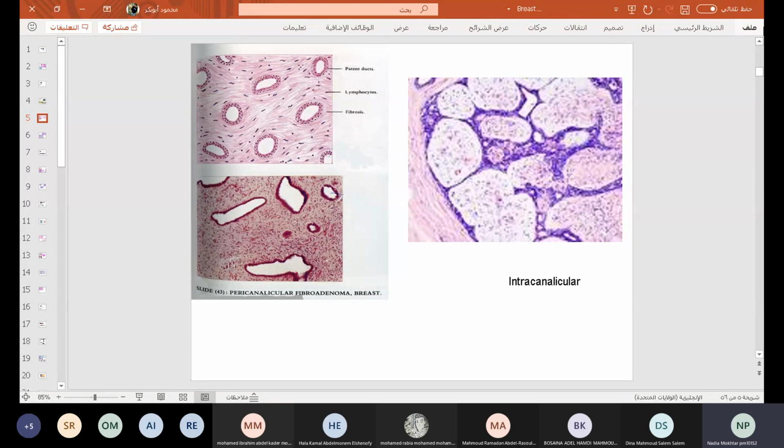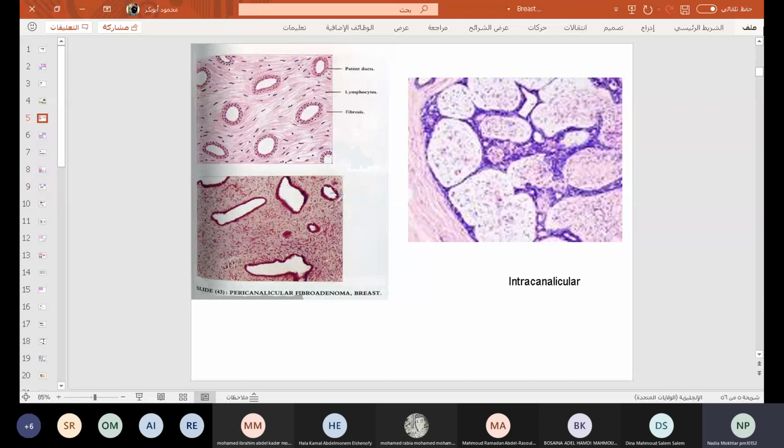ليه اسمها كده؟ Because there is overproduction of the stromal tissue أو fibrous tissue, so that it compresses the ducts and appears as if it is inside the duct. كل duct من دول بقت compressed, so it is as if forming a wall of a certain area. الحقيقة مش كده. الحقيقة إنه الducts كلها free من جوه بس هي compressed, and it appears as if the fibrous tissue component is inside of it. عشان كده سموها intracanalicular.